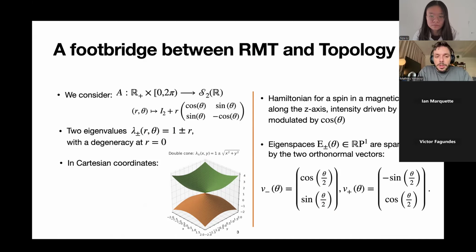A fairly straightforward computation shows that regardless of the angle at which you're sitting on the unit circle, you have essentially two eigenvalues, eventually with a degeneracy, which are 1 plus and minus r. I put a little picture to show you visually how it looks in 3D Cartesian coordinates.